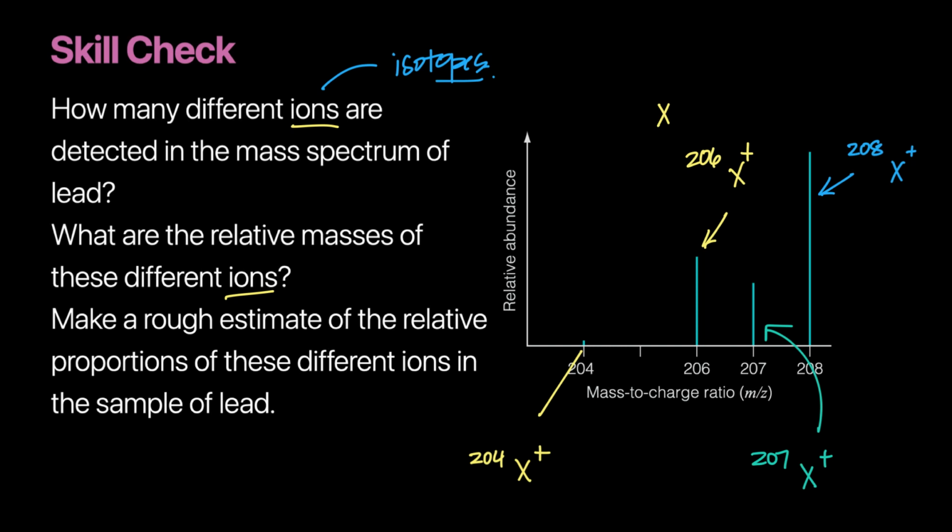All right. So there are four isotopes, with masses of 204, 206, 207, and 208, and we make rough estimates of the proportions of these ions. My recommendation is that you take a ruler and measure the lengths of these in millimeters, and then the length of one over the total length times 100% will be the abundance of each. So let's say the total is 10 centimeters and this is 2.2 centimeters.